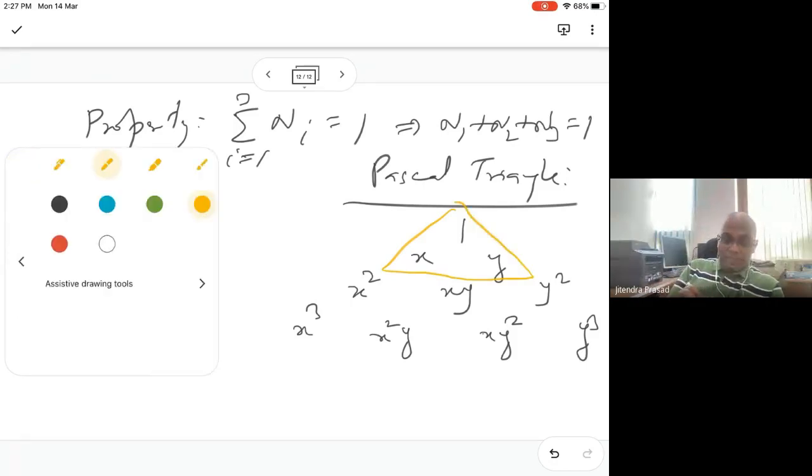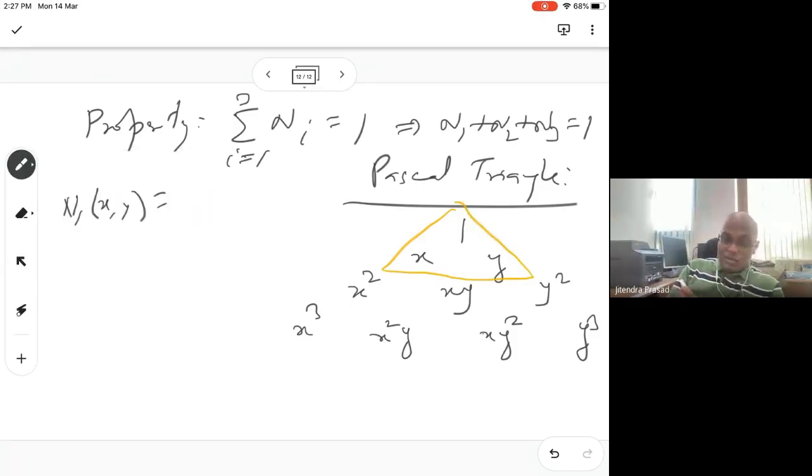So we are going to use Ni equal to alpha i plus beta i x plus gamma i y.